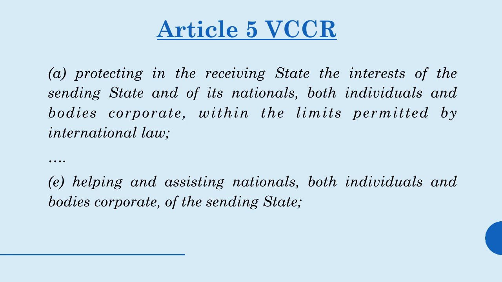It is stated that consular functions consist in protecting in the receiving state the interests of the sending state and of its nationals, both individuals and bodies corporate, within the limits permitted by international law, and helping and assisting nationals, both individuals and bodies corporate of the sending state.